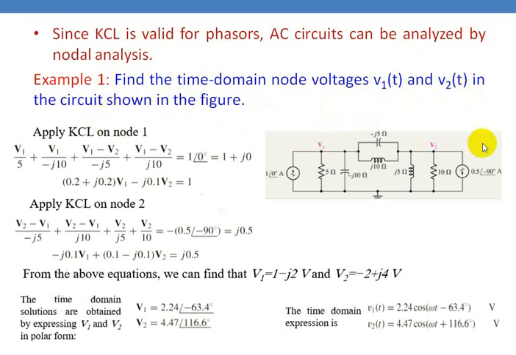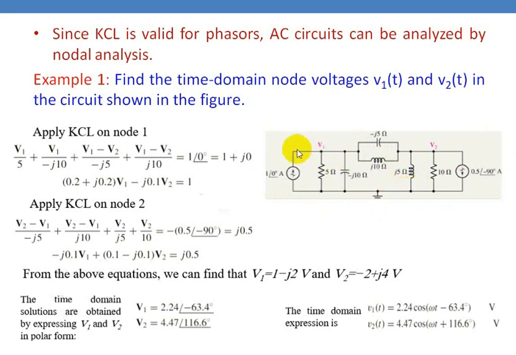So now this is the given circuit. So here we have resistance, capacitance, resistance, inductance, resistance, and here we have two current sources. This is one at an angle 0 degree ampere and this is 0.5 at an angle minus 90 degree ampere. So now you have to identify the principal nodes. This is one principal node.